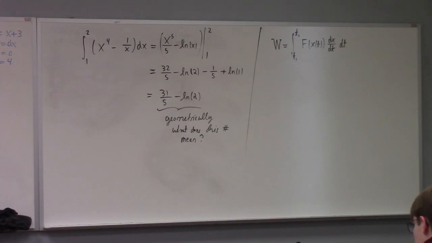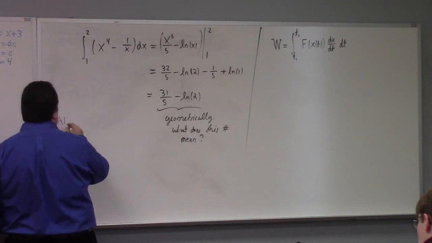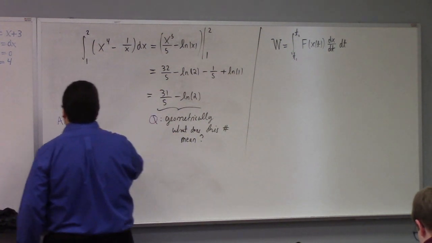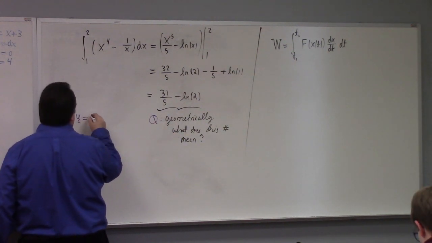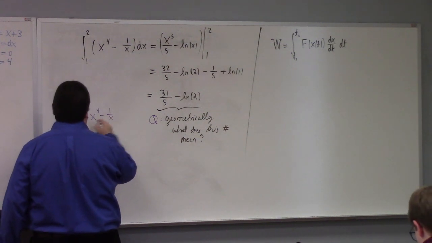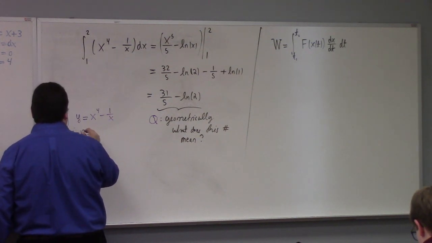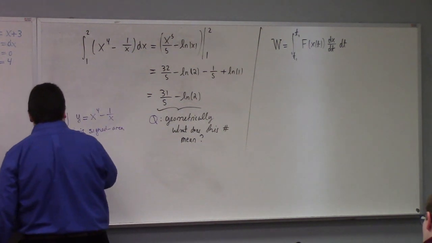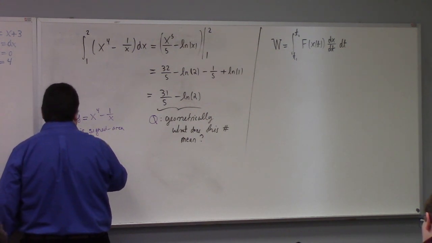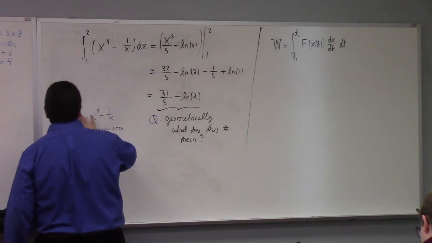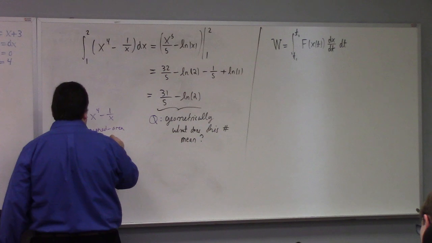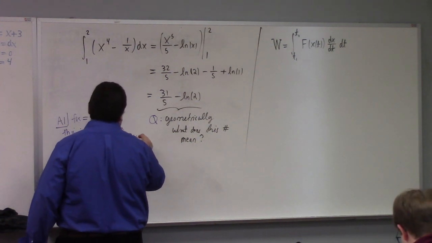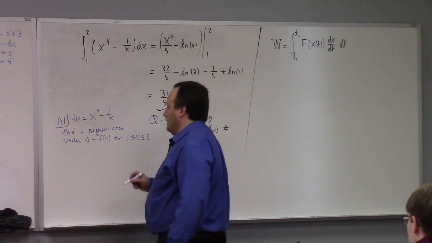So answer 1 just might be, if you look at y equals x to the fourth minus 1 over x, this is signed area under y equals f of x, for 1 less than or equal to x less than or equal to 2. That's one way you could say it, right?